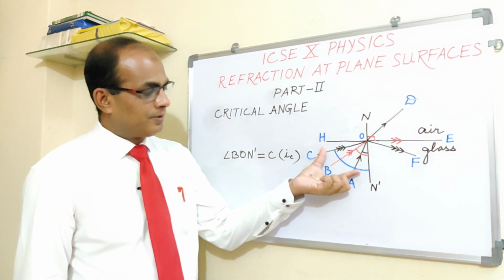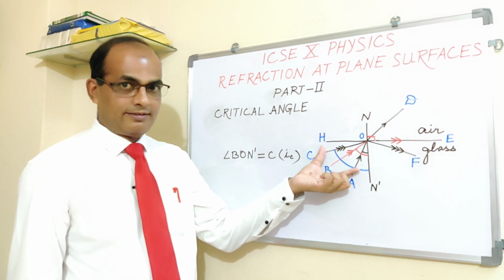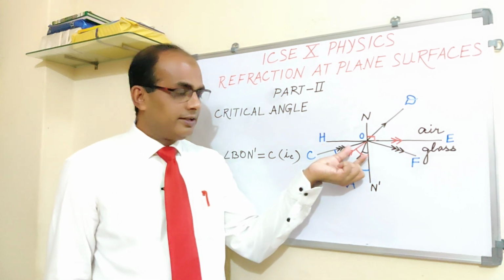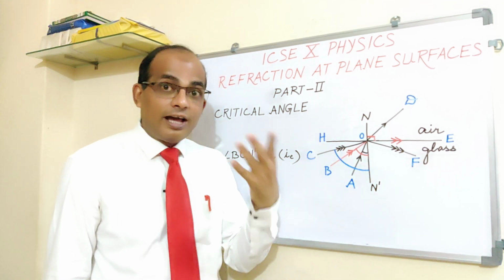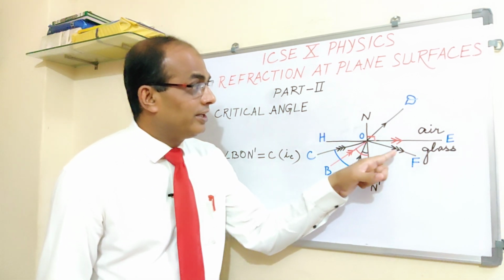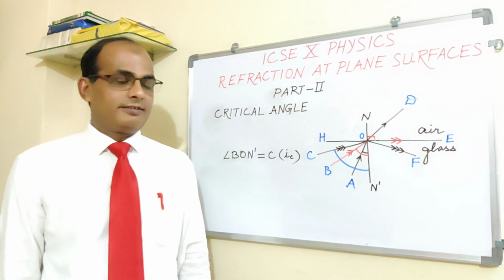And in blue, this is angle of incidence, the third case. And this angle of incidence is more than the red one, critical angle. So what's happening then? That is important. You observe what's happening. This is the corresponding reflected ray. Reflection is taking place.